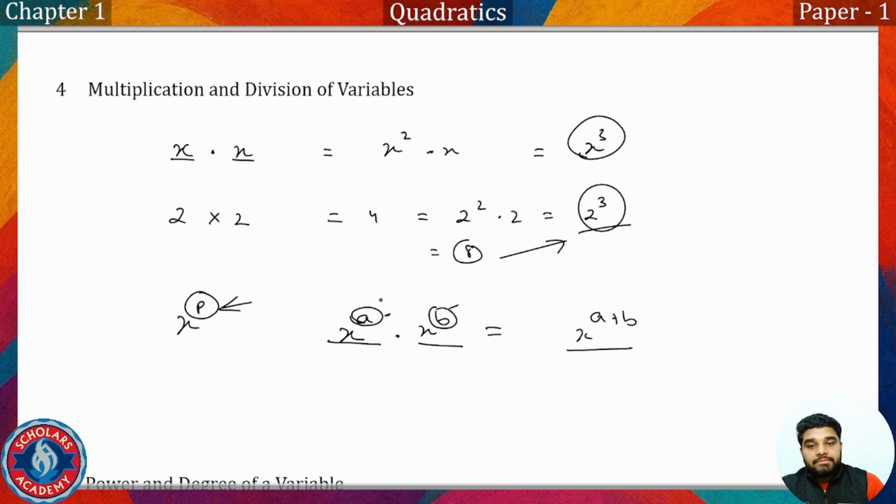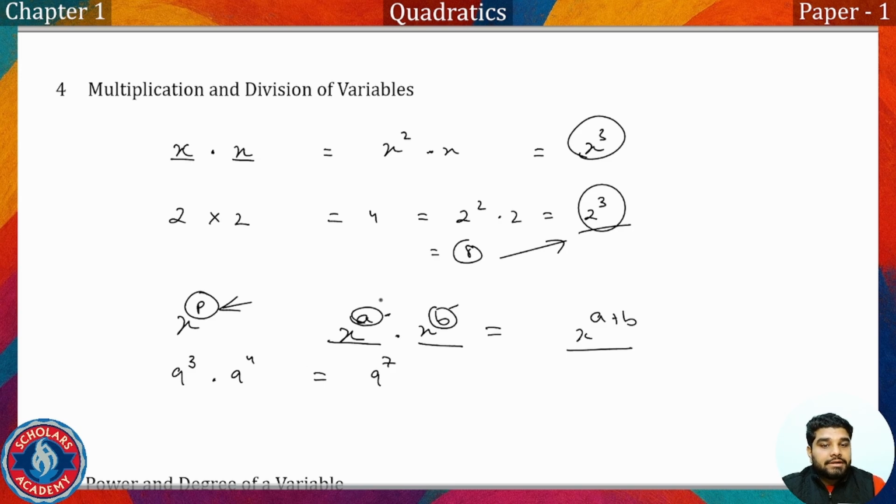For example, if I take 9 to the power 3 times 9 to the power 4, this will give us 9 to the power 3 plus 4, which is 7. This will be our result.